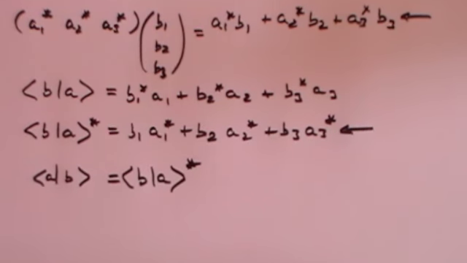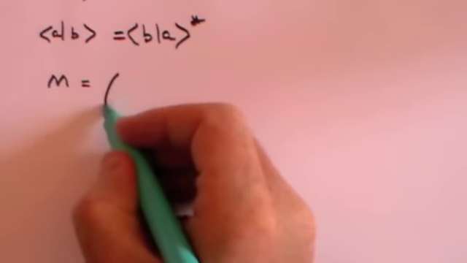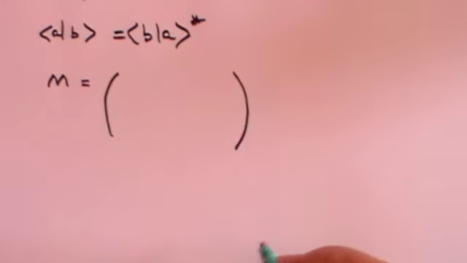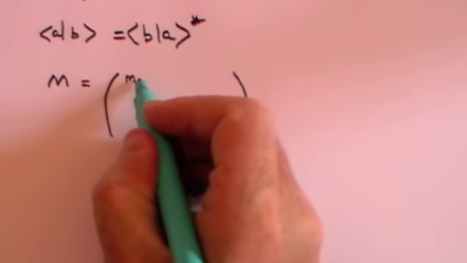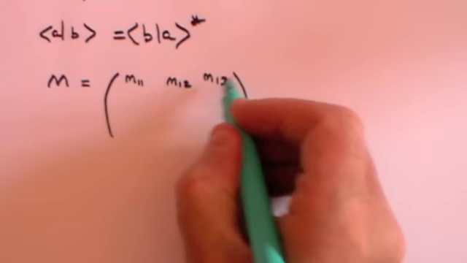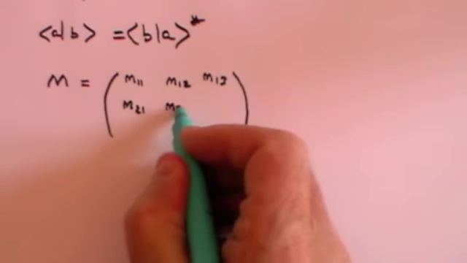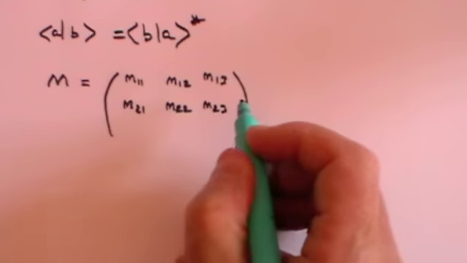Now I must introduce you to a matrix. We're still doing the maths here. We haven't got on to any physics yet. It's a square matrix. It can have any dimensions, but I'm going to choose 3 dimensions simply to make life easier. And a matrix you write with curly brackets, and it will have rows and columns. The first row M11, M12, M13. The second row M21, M22, M23.